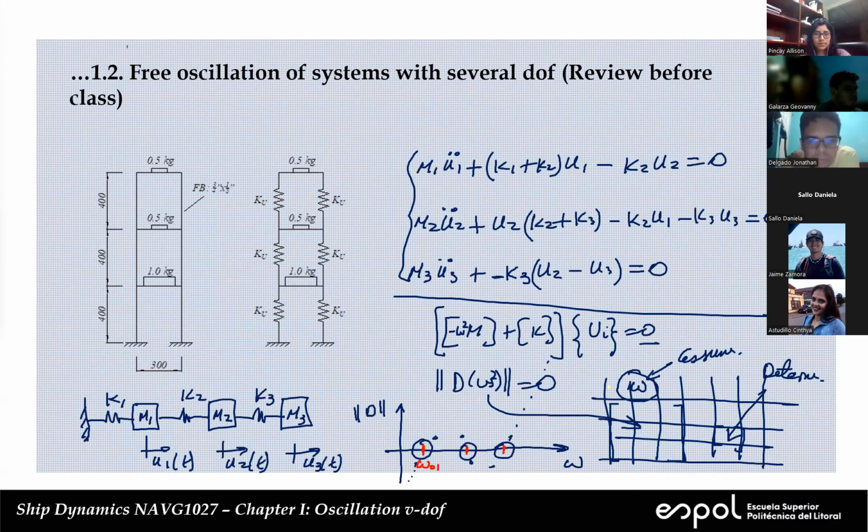Here, for example, calculate the equation of the third mass. There is no U1 here. The equation of motion of the first mass, there is no U3 here. That means that there are some elements in the dynamic matrix which are not going to appear, which are going to be 0. Is that your question? Yes, thank you.